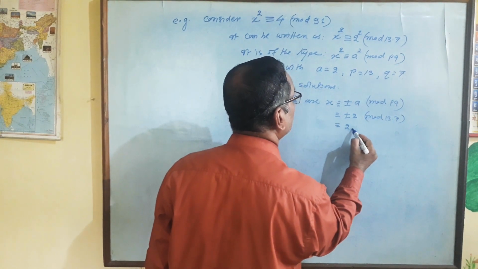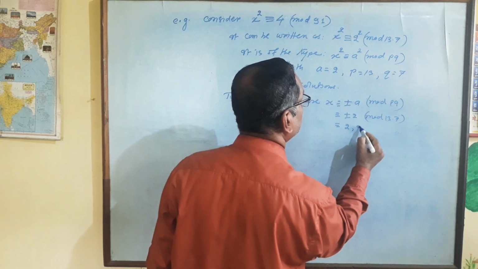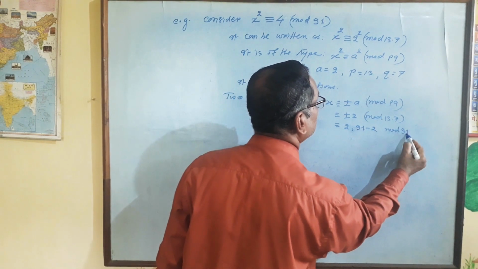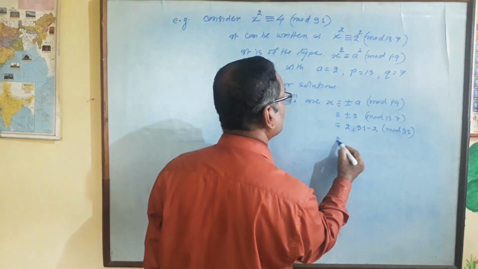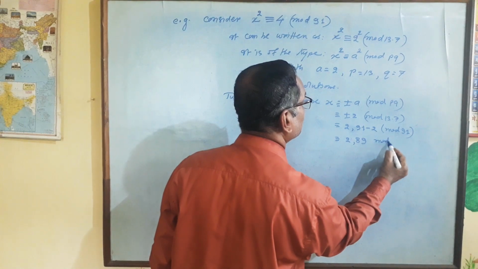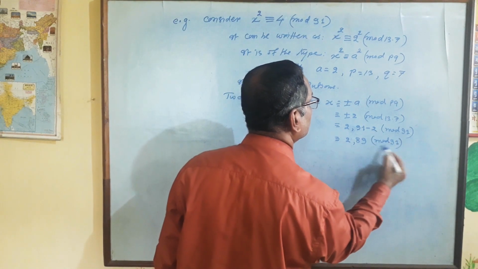That means 2, and minus 2 means 91 minus 2 mod 91, totally 2 and 89 mod 91.